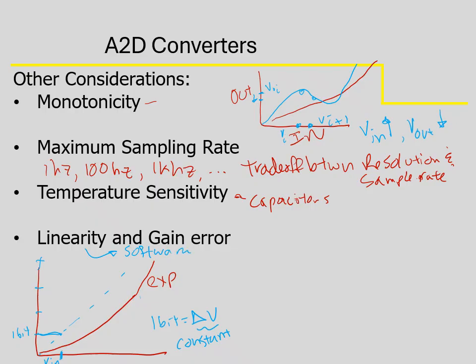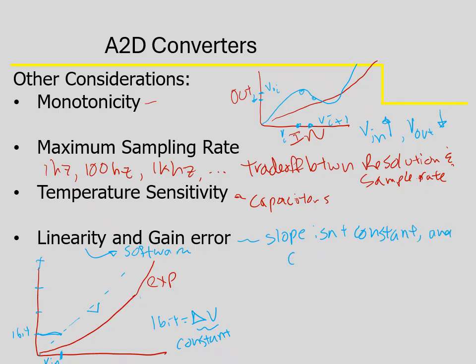Now we can account for that in software if we know that it exists. Gain error can be a different issue where your values may change and it's not necessarily consistent. Where the slope, this slope here, isn't constant and it's inconsistent.